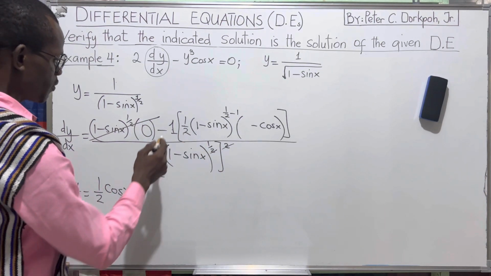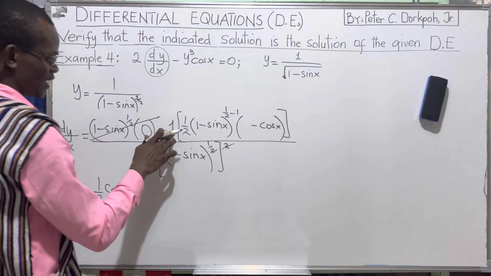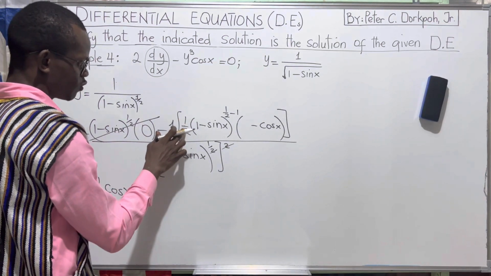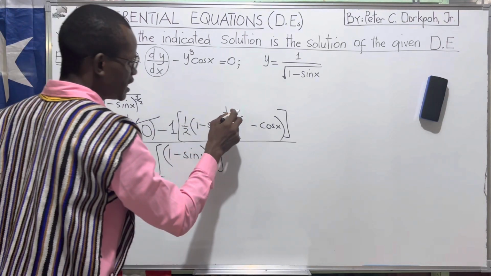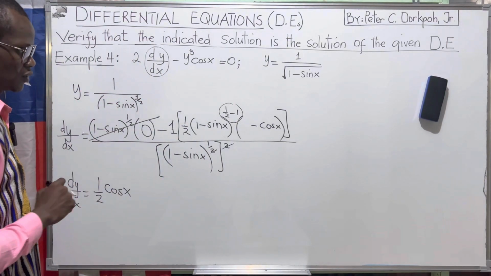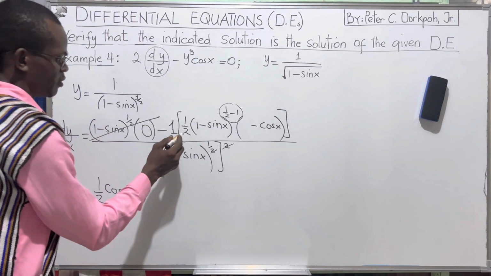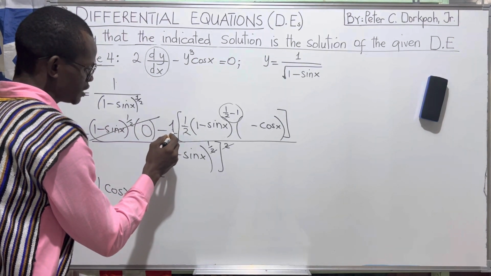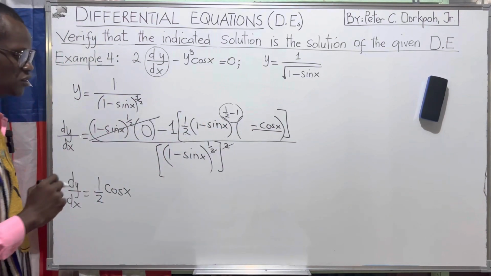Right? But can we go in here? We cannot. So we cannot say we are multiplying 1 over 2 times this and times this. No, we cannot. Why? Because there is a power that we need to get rid of. So because of that power, we cannot go inside. The only thing we can do is multiply minus 1 times this times 1 over 2 times cos of x.